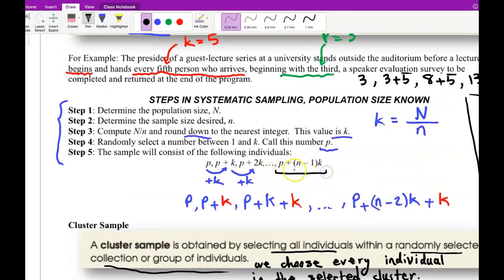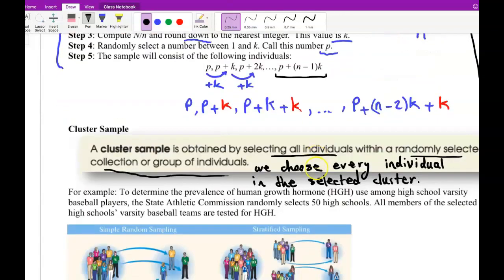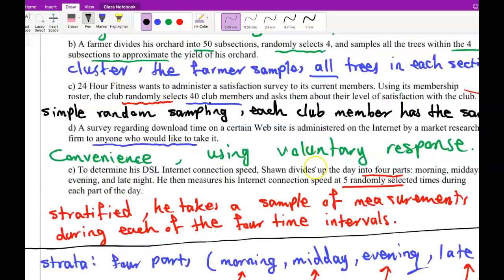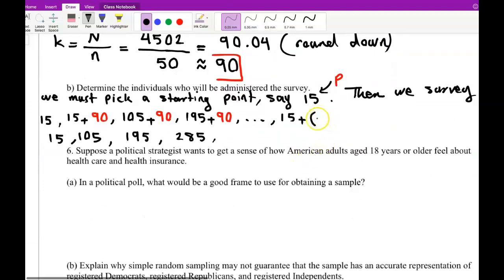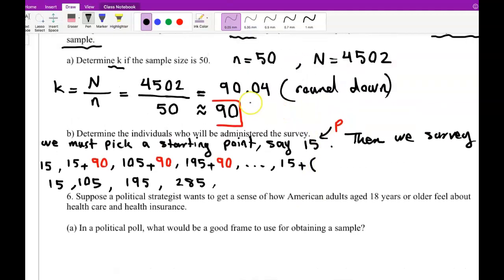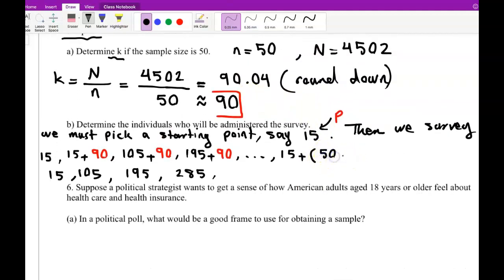We're going to use this part: P plus n minus 1 times K. And here in this case, n is 50, so 50 minus 1 times K. So this is 15 plus n minus 1 times K, where K is 90.